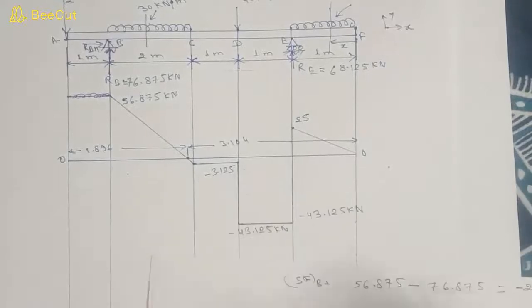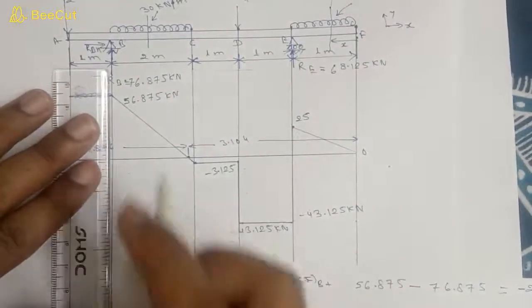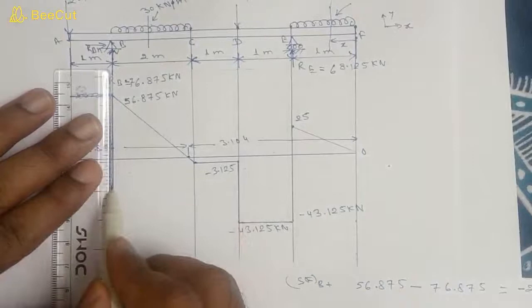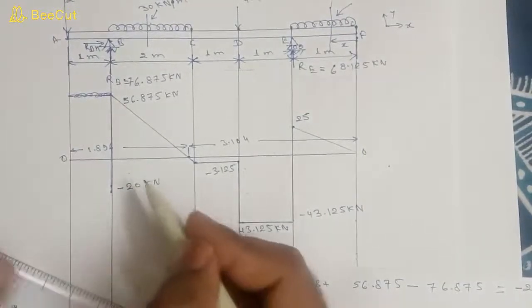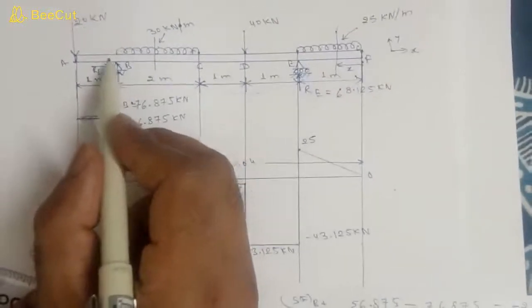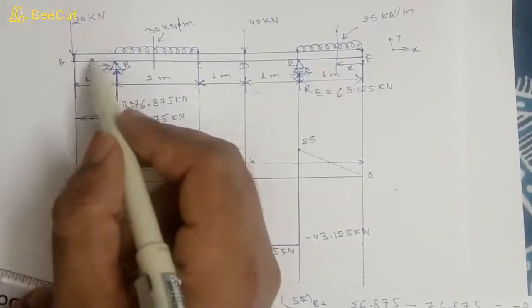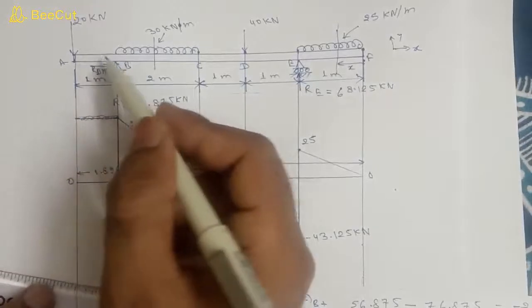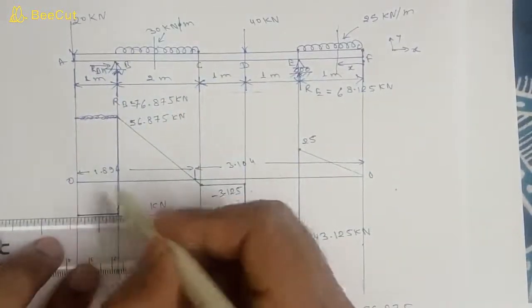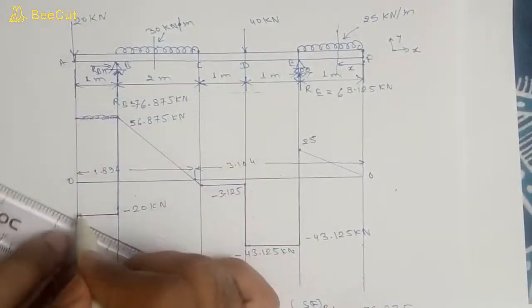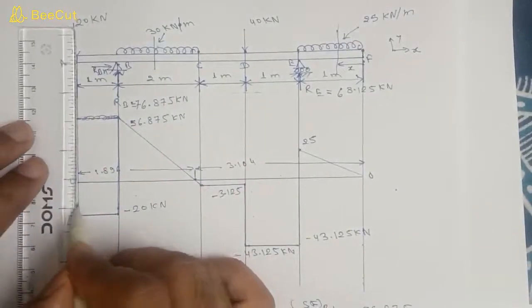So here we will go 20 kilonewton in negative from here. This is minus 20 kilonewton, and then shear force is constant in this section because there is no other force. Shear force only depends on force, so it is constant from here to here. Then there is 20 kilonewton upward, so it will become 0 here.